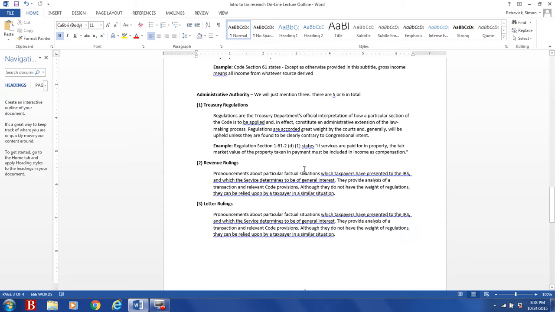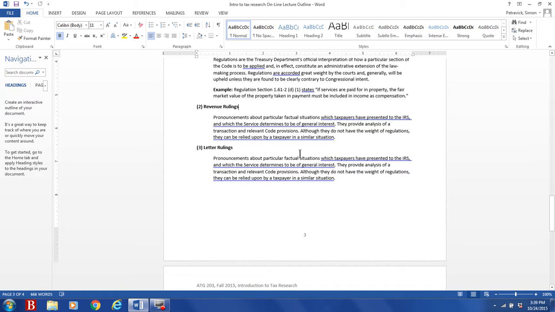If you went into 1.61-1(d), it talks about what to do if you get paid in property, such as somebody giving you a car or some other tangible item other than cash. That section says that property, based on its fair market value, must be included as income for compensation.